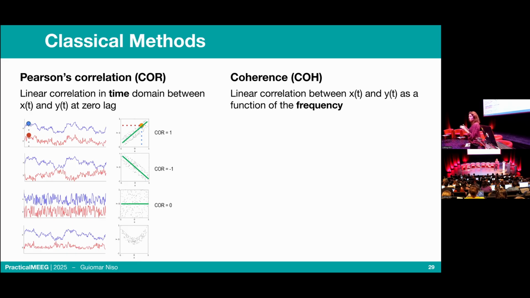With cross correlation, you can find the time lag where these two signals are correlated. Maybe they are not correlated at 0, but after 20 milliseconds, they start becoming correlated. And we also have the coherence, which is a very similar approach, but in the frequency domain. We don't analyze the time series, but the frequency spectrum.